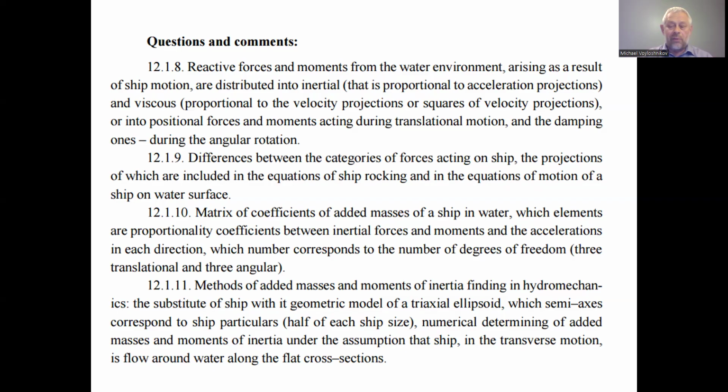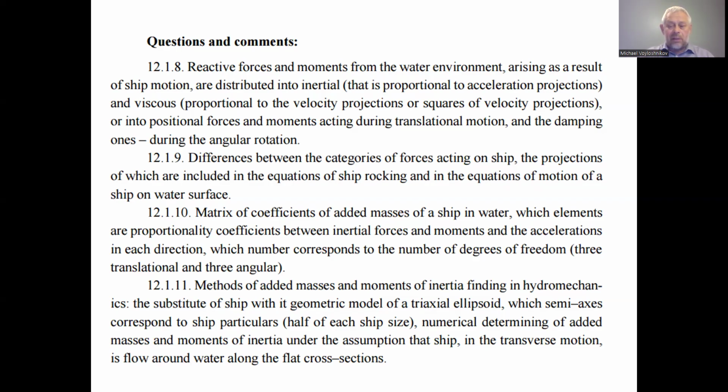To find this, if we have enough opportunities, we have to do experimental research in definite tanks with water for researching the characteristics of ship inertia and resistance in the water.